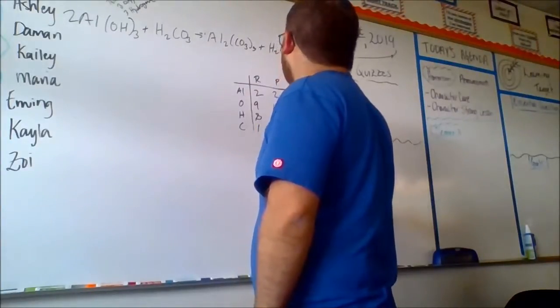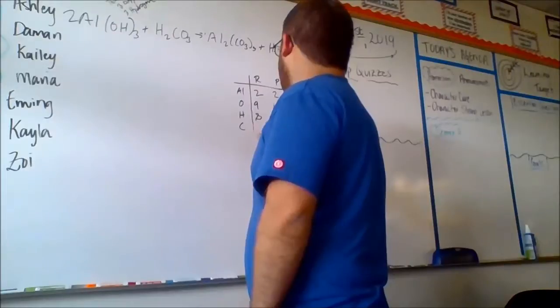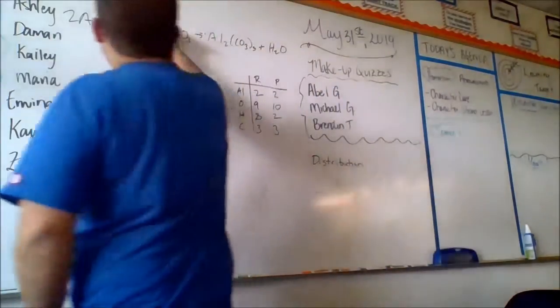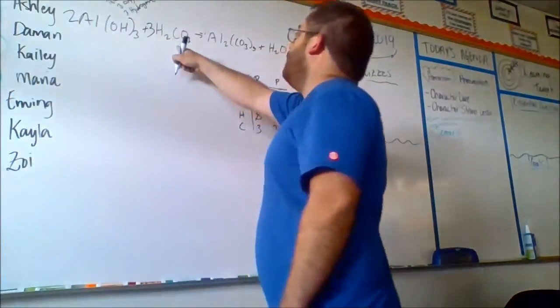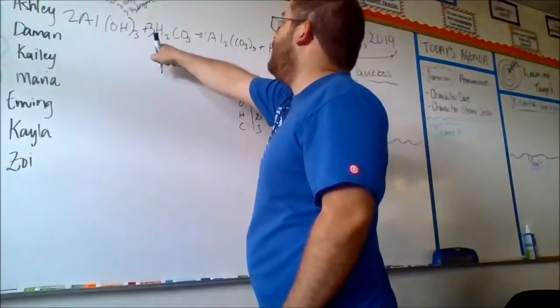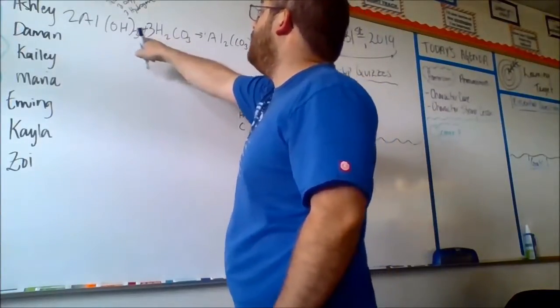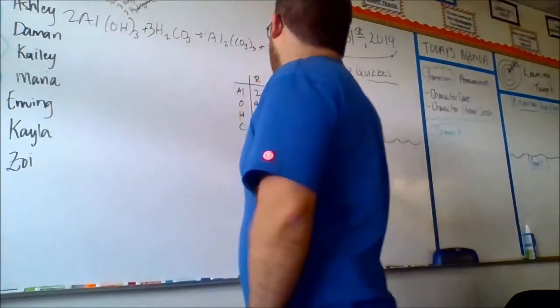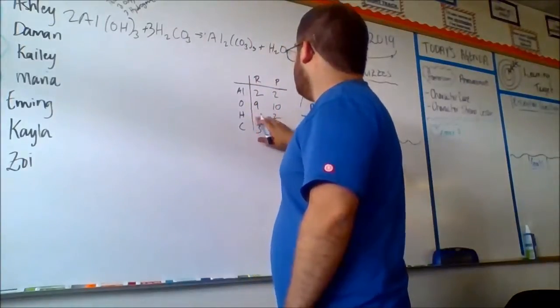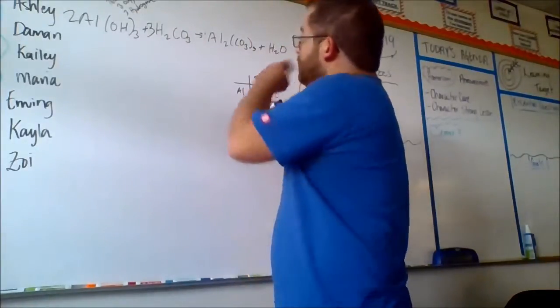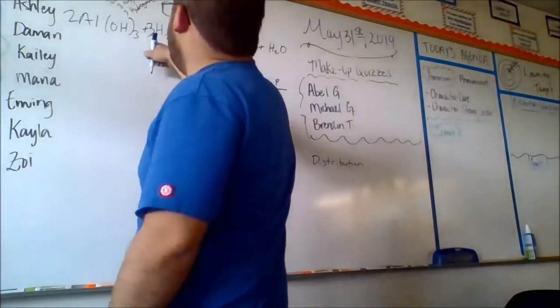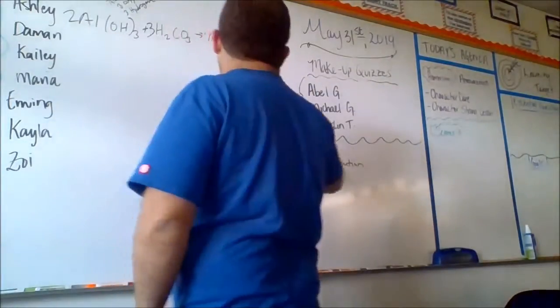Okay, let's balance carbon. We need that to be a 3. So this has got to be a 3. 3 carbons there. Okay, we've also changed the hydrogens. 3 times 2, that's 6. 3 times 2, that's 12. 3 times 3, that's 9. 9 plus 6, that's 15.